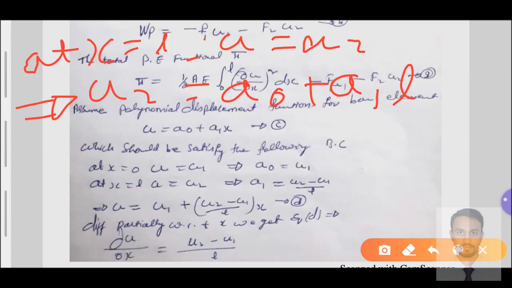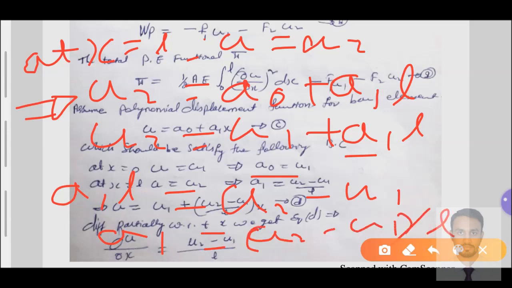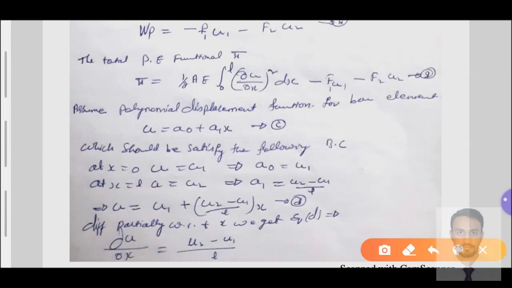Rearranging, we know a0 is u1, so u2 is equals to u1 plus a1L, and the unknown is a1. Rearranging this equation, a1L is equals to u2 minus u1. Then a1 is equals to u2 minus u1 divided by L.